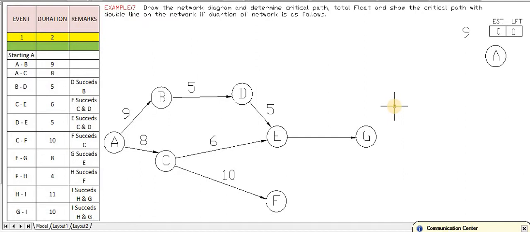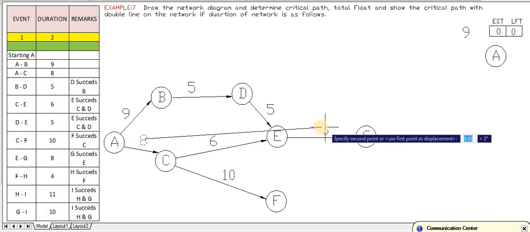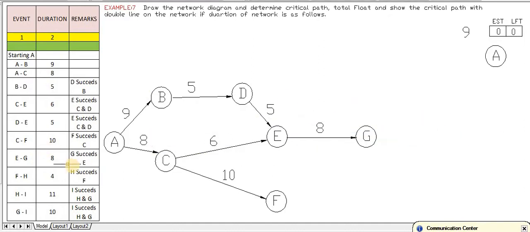E to G has been given as 8, so we will copy this 8 here, and also we will read the remark. G succeeds E. What is the next line?